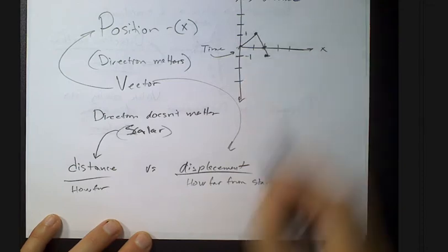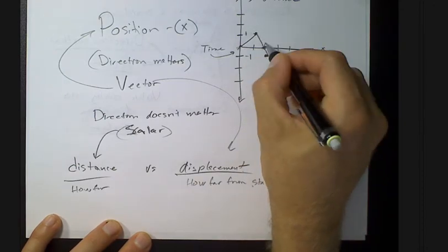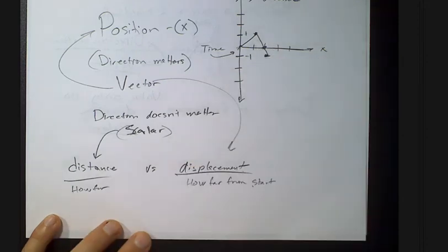But if I look at my displacement, how far from the start, my displacement is 0. Or imagine that you're running around a circular track, right? If you go 100 meters, okay, that's your distance. You ran 100 meters all the way around that track. That's your distance. But your displacement, once again, is 0 because you ended up right back where you started.